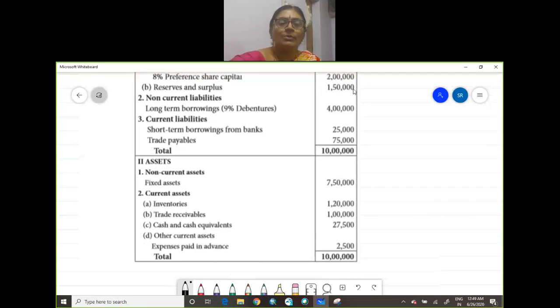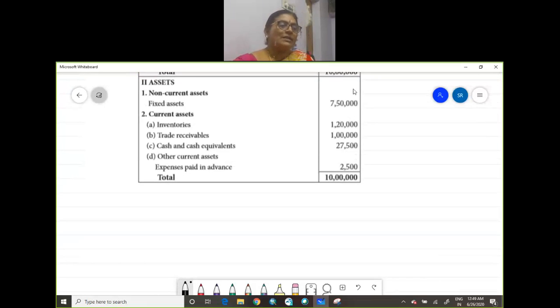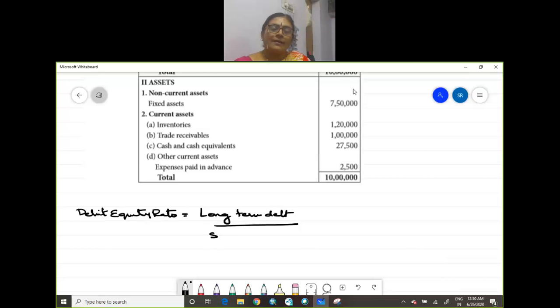So let us go to the formula first. What is the formula for debt equity ratio? Long term debt divided by shareholders fund.